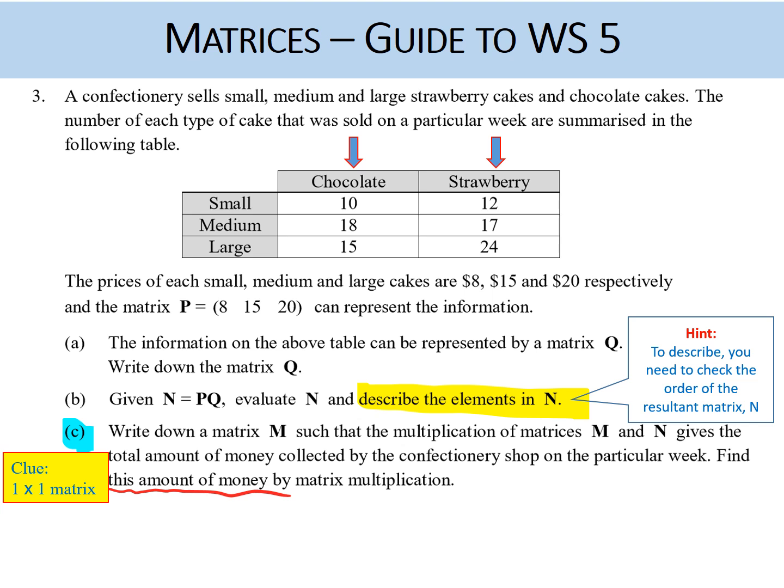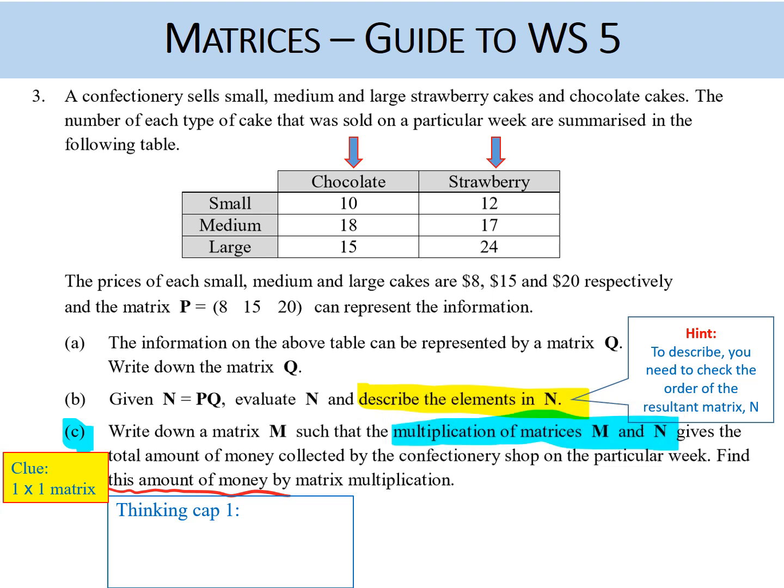Now, how do I get the 1-by-1 matrix? This is where you will need to take a look at the two matrices M and N. Now, there are a few things to take note here. The first one, let's put on the thinking cap.